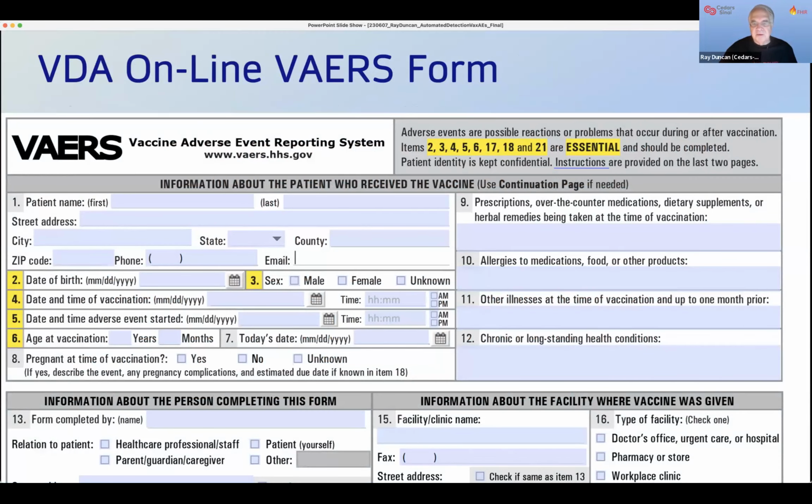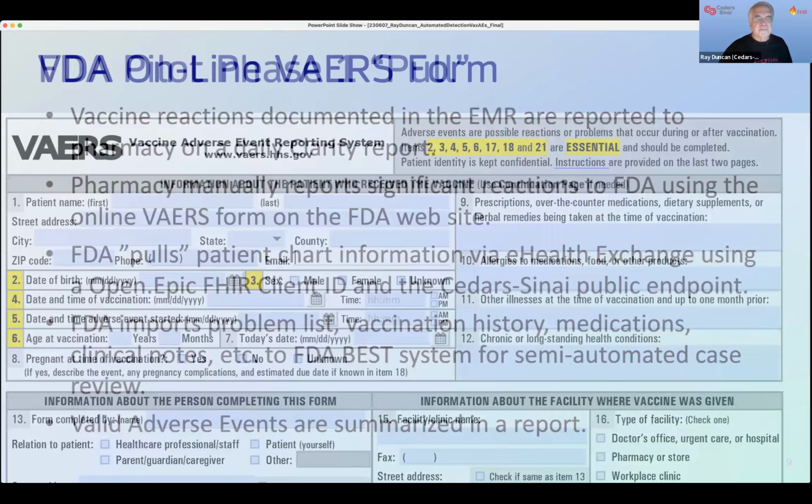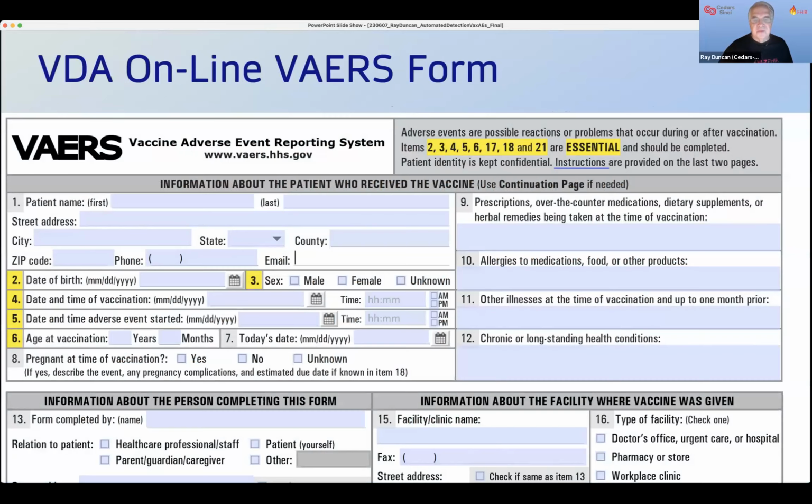It's a very manual process where a pharmacist basically transcribes information from the EMR daily report into this online form to submit it to the FDA. Then the FDA has to follow up with the sending organization, request the actual chart by fax or by email.